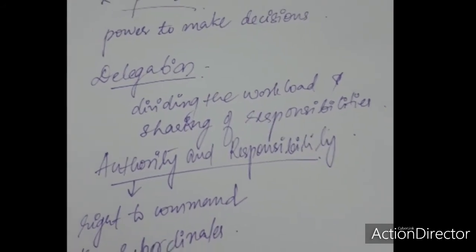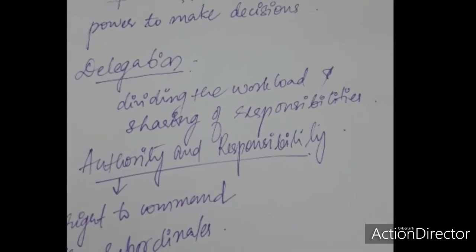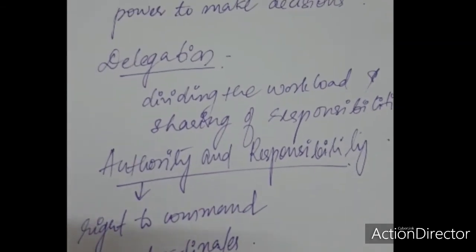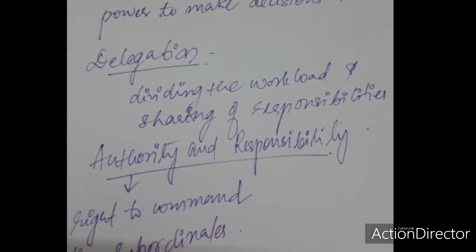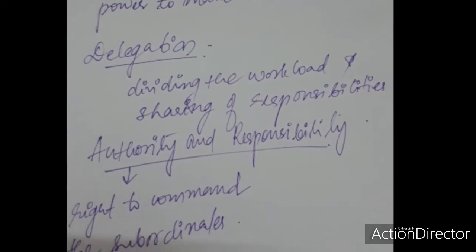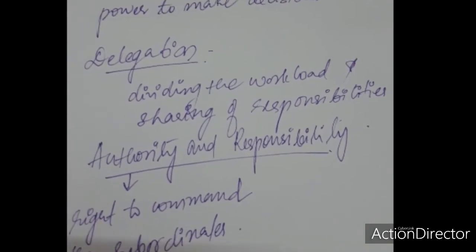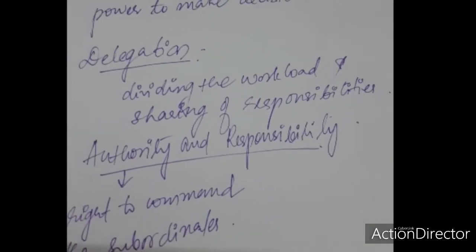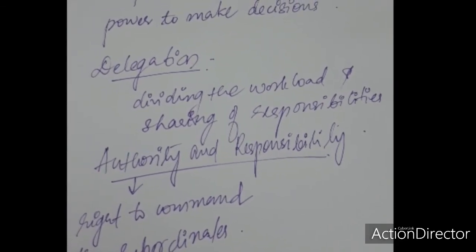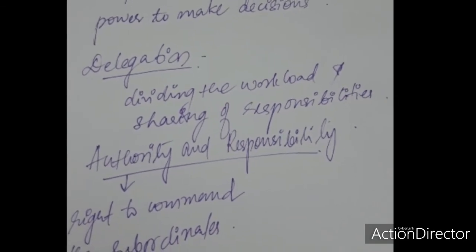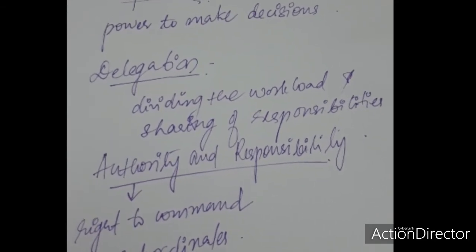In the sense that the manager has the full right to take decisions, and he'll make sure that it is done by the subordinates. He has the full authority, and he has to make sure that the subordinates are doing the work correctly. The manager is the person who has to give orders and take obedience. The manager should be very strict in making decisions and making the subordinates do what is commanded.